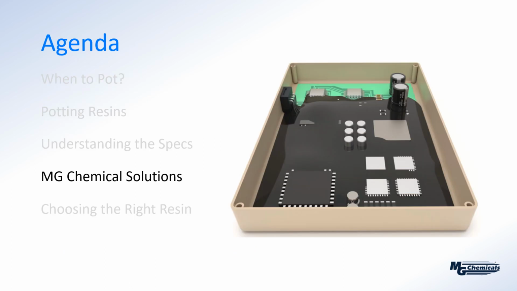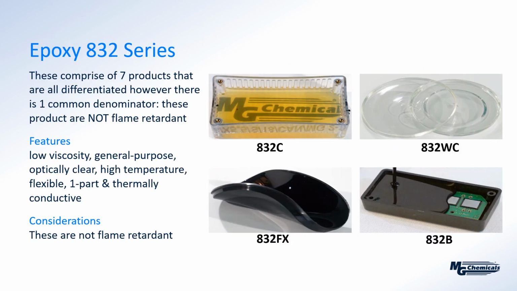Okay, so now let's segue into some of the different solutions that MG Chemicals offers. All right, so we start with our flagship potting series, the Epoxy 832 series. So this series comprises 7 different products, with the common denominator being that they are not flame retardant, meaning if you set them on fire, they will continue to burn.